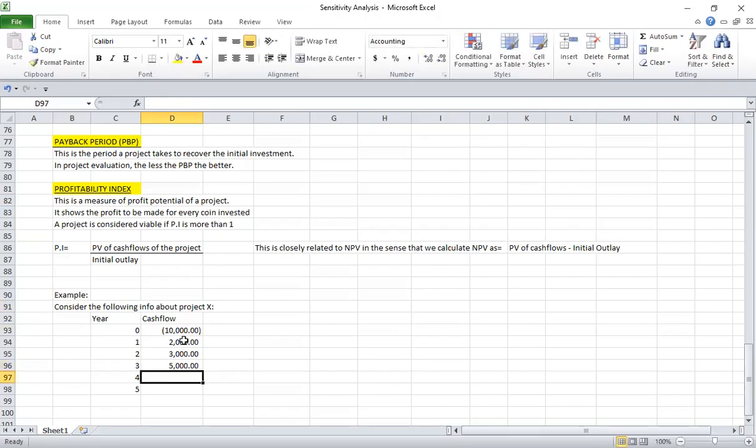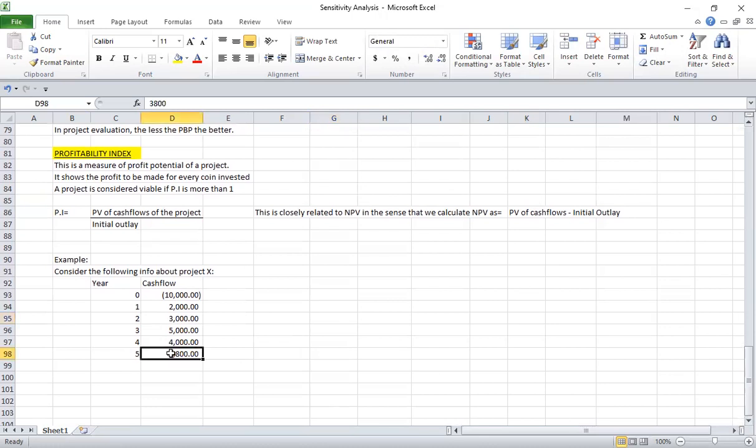We can have 4,000 shillings year four, and then maybe 3,800 shillings year five.